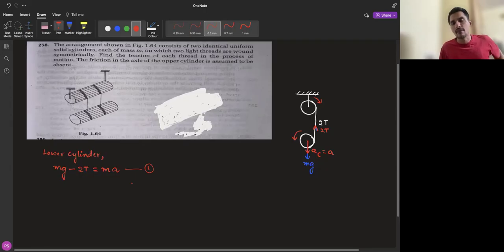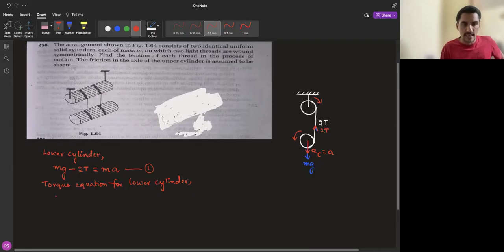So if we consider its rotation, let us write the torque equation for the lower cylinder.